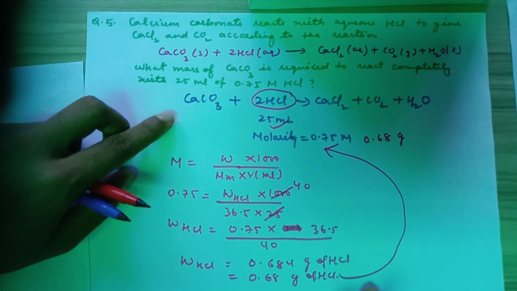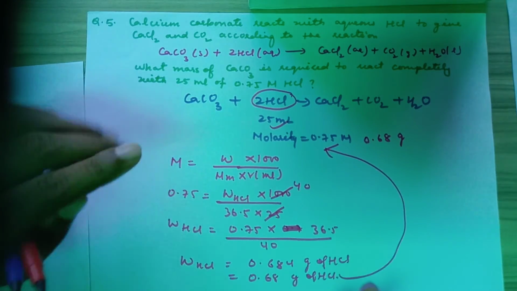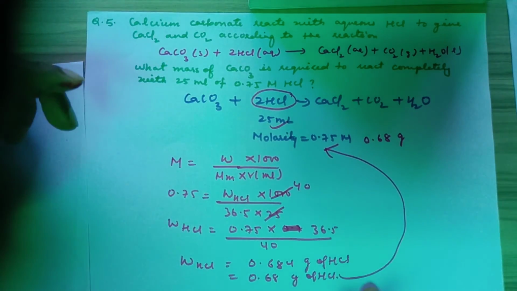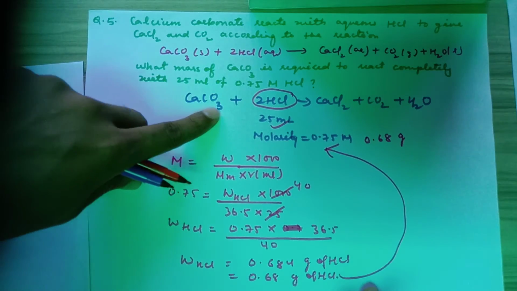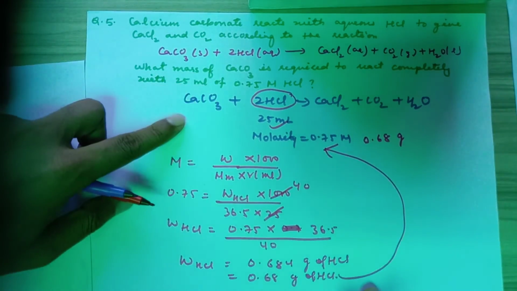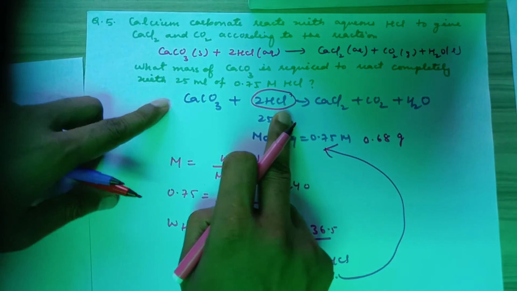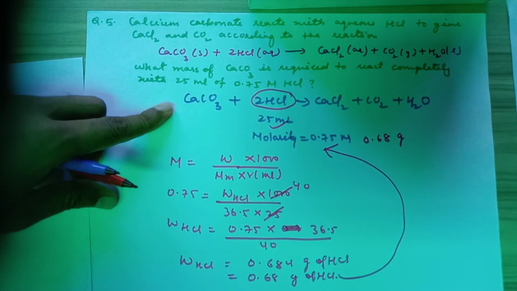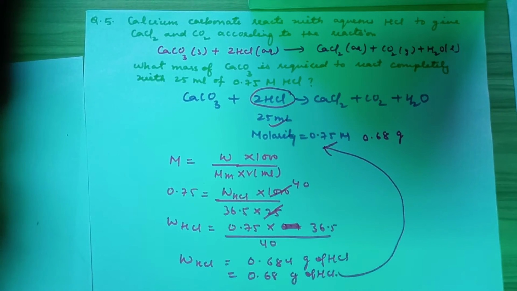Now we have to use the interpreted information from the given equation. If we have to find CaCO3, we can say that 2 mole of HCl will give 1 mole of CaCO3.